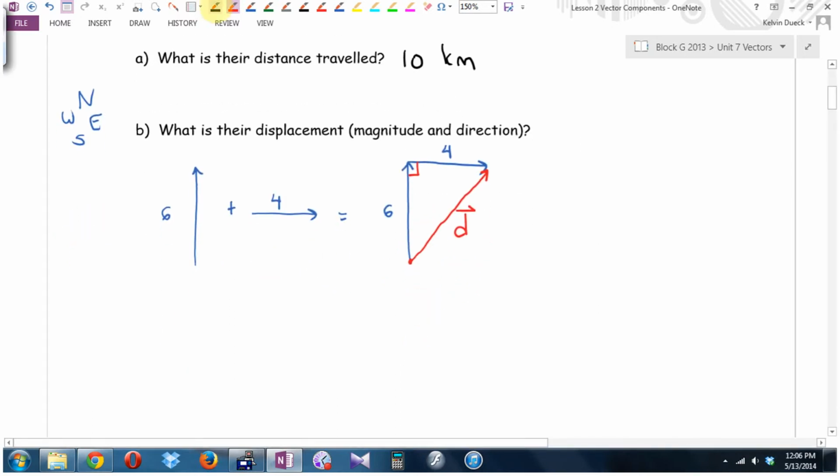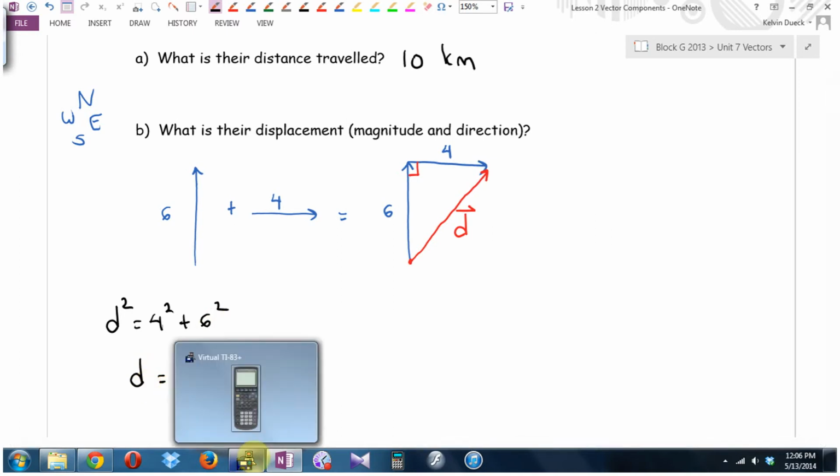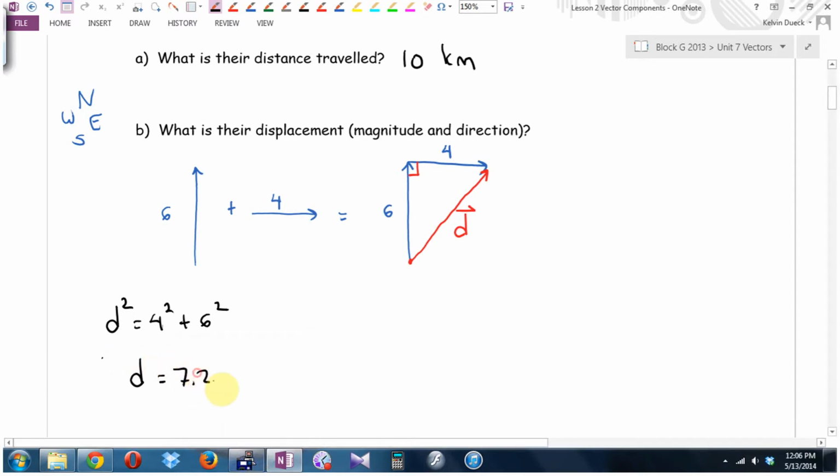Pythagoras, so I can go D squared equals 4 squared plus 6 squared, and then square root. 16 plus 36, the square root of 50, 7.1-ish, 7.0 something, 7.2? Now that's the magnitude.